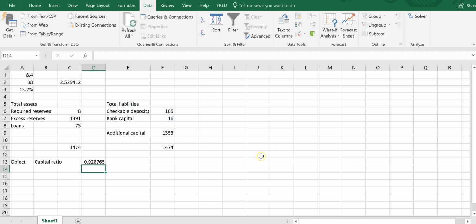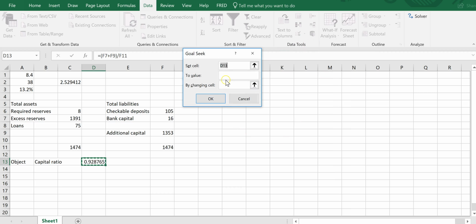So that's my capital ratio here, and that is my object. And so I just need to set this equal to the target ratio, which is 15%. Right? So now I have a goal.